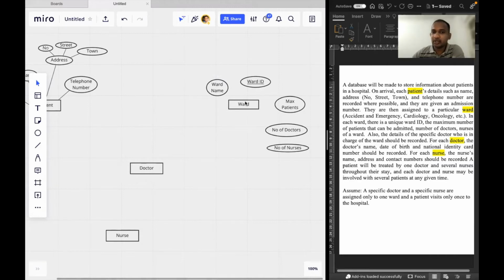Therefore, who is the doctor in charge of the particular ward, you have to mention it in the relationship between doctor and ward. Okay, I will come to that relationship later. Now I am going to draw only the attributes. Okay, now we have drawn the ward name, ward ID, max patients, number of doctors, and number of nurses. Let's draw the lines.